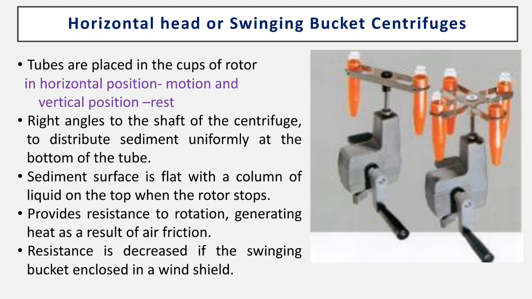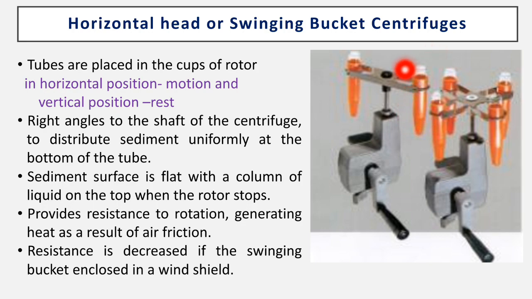In horizontal head or swinging bucket centrifuges, tubes are placed in the cups of the rotor in horizontal position in motion, and in vertical position at rest. Means you can see when you place it in the rotor, the sample is kept here in the cups.